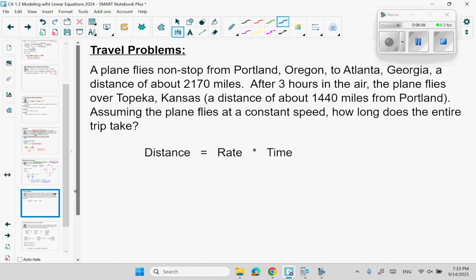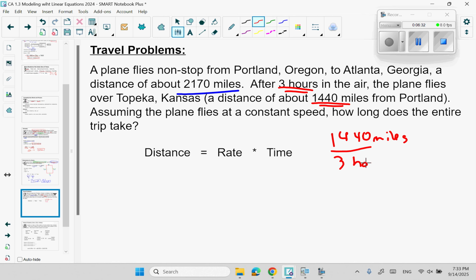A plane flies nonstop from Portland, Oregon to Atlanta, Georgia, a distance of 2,170 miles. After 3 hours in the air, it flies over Topeka, which is about 1440 from Portland. So in 3 hours, it traveled 1440 miles.